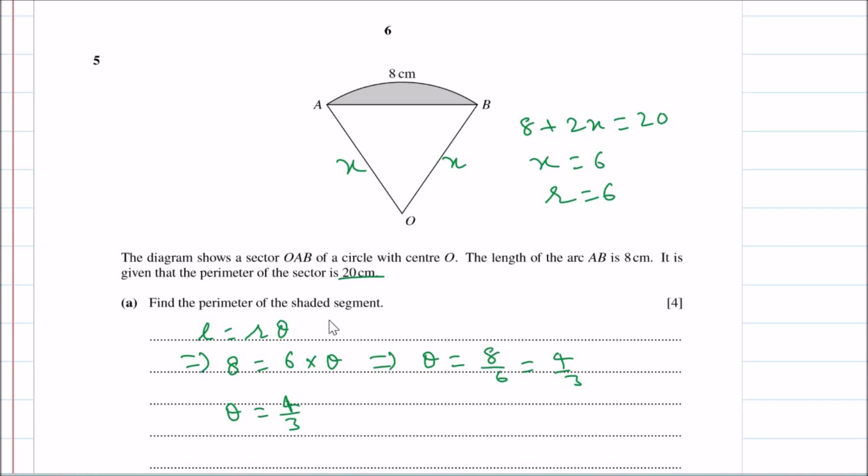Now to find the perimeter of the shaded segment, we need to find the length AB. Now length AB is part of a triangle. So what we will do, let me draw a perpendicular here from O.